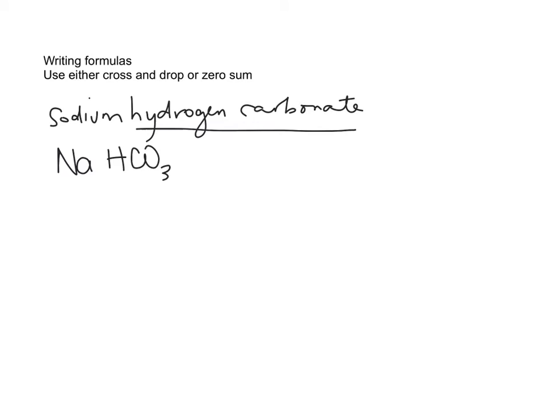So the charge on sodium is always +1. The charge on hydrogen carbonate is always -1. So these numbers are the same. So when they cross and drop, they cancel each other out. So this means the formula is NaHCO3.